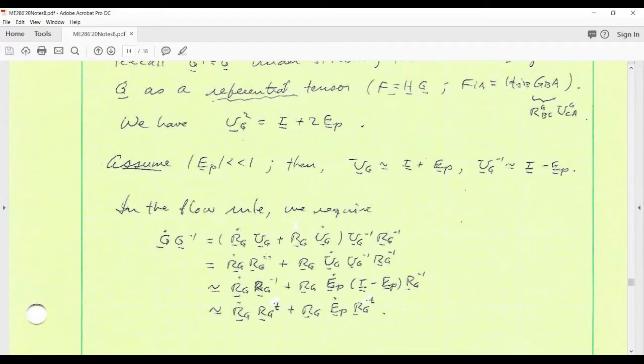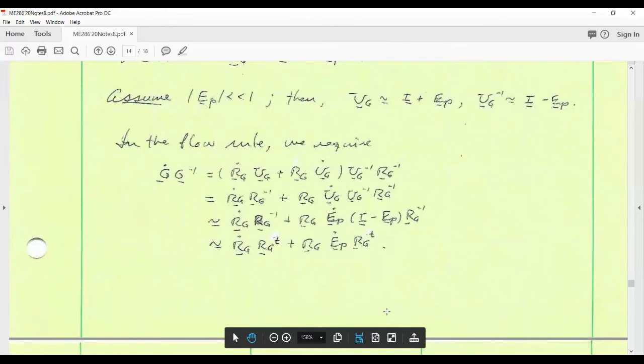Here you're going to get a skew object, R dot R inverse, and then we're going to have this stuff here. At leading order, we won't approximate this term, just carry it down. U_G dot is approximately E plastic dot, and U_G inverse is approximately that. Neglect E plastic in comparison to the identity, and you just get this last line here.